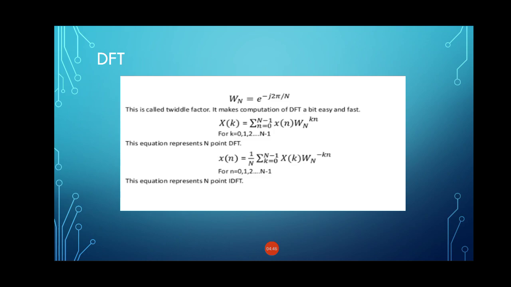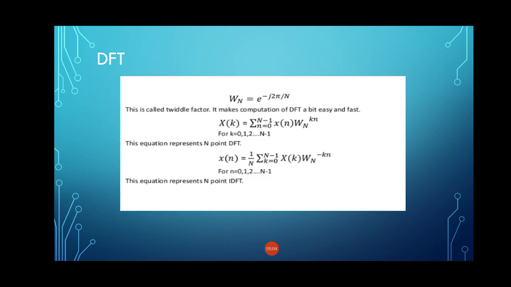That is, what is happening to omega here? We know in DTFT, omega ranged from 0 to 2 pi.